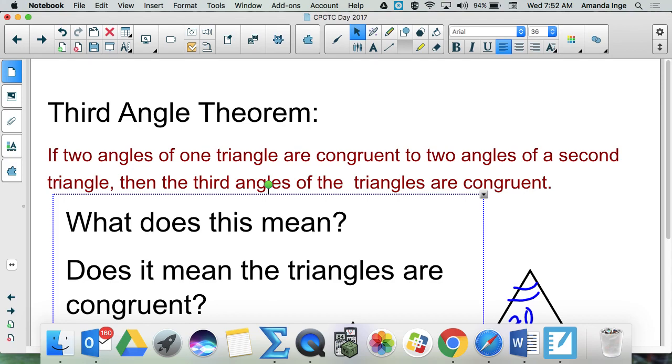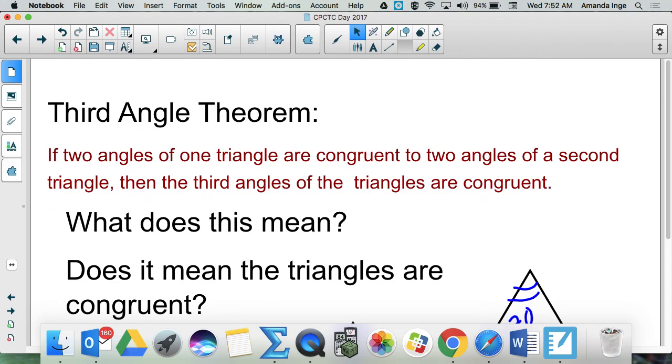The other little theorem I wanted to go over, because we've done it before, but I wanted to remind you: if 2 angles of one triangle are congruent to 2 angles of a second triangle, then the third angles of the triangles are congruent. What does this mean?